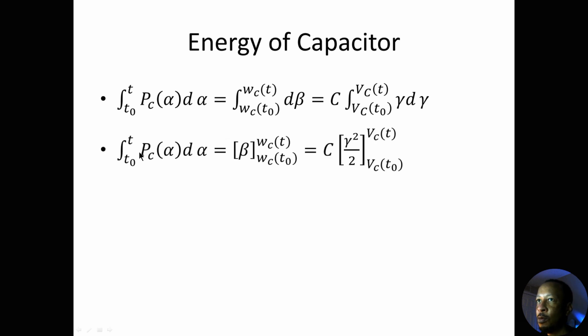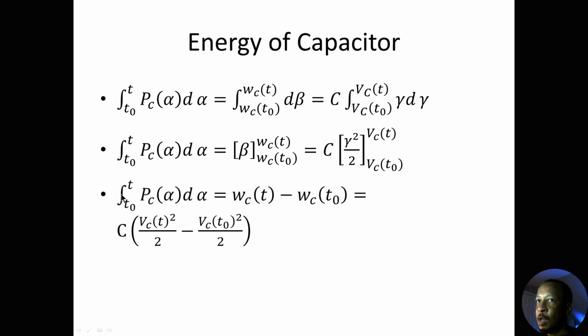We evaluate what's in the middle and what's on the right side, and then we get this. And then after that, we continue with our integration. The P_C(α) dα, that's a generalized statement there.